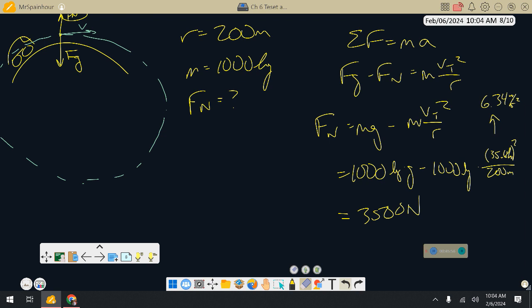Why is this so big? Because we were talking about a car, not about an actual person. What does this tell you? By the way, if I factor out the mass, you should experience an acceleration necessary of 6.34, or your normal weight is about 35% of what it normally is.